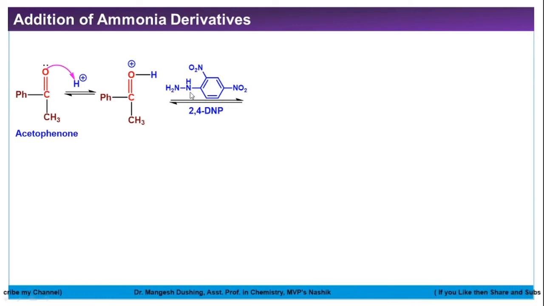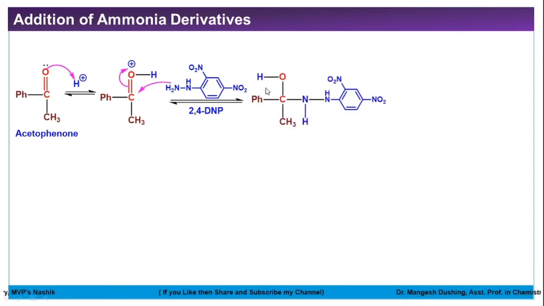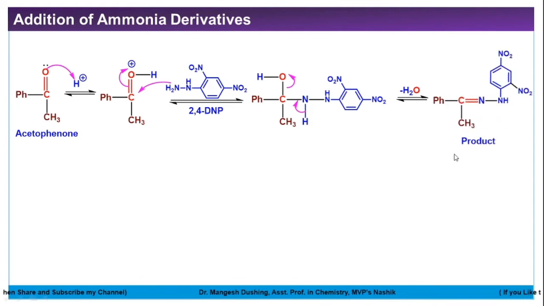Again there are two basic nitrogens, but the primary amine is more basic. So the primary amine donates its lone pair to the carbon, the pi bond will break and the oxonium ion will be neutralized. In this way the carbon nitrogen bond will be formed. Then this acidic hydrogen will leave as a water molecule, making a carbon nitrogen double bond. So this is the product.